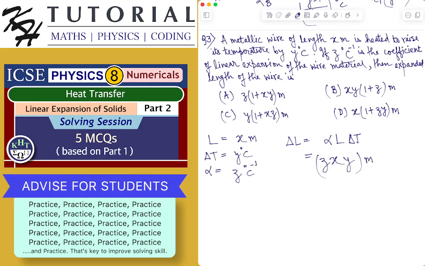Now be careful while using the units. Let me also mention the unit, so you will understand that the unit of delta L is actually length.